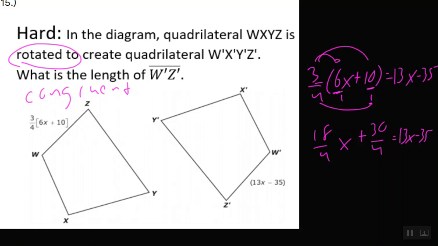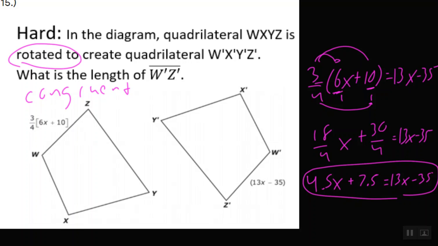Now what I would do from here, if I were y'all, I would actually just turn these into decimals. So 18 divided by 4 is 4.5x. And 30 divided by 4 is going to be plus 7.5. And that equals 13x minus 35. Y'all are capable of solving for x from there.